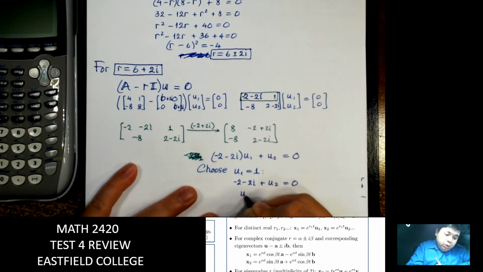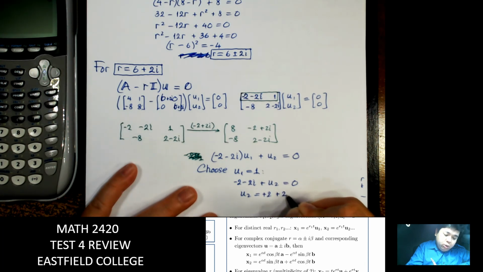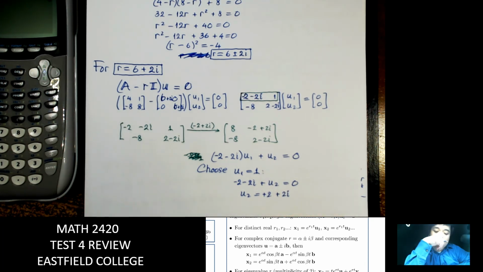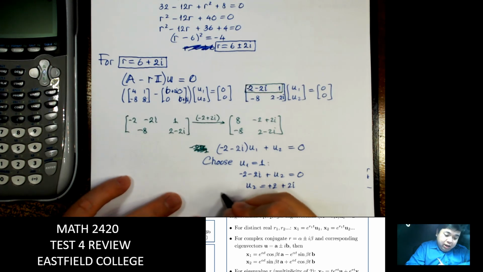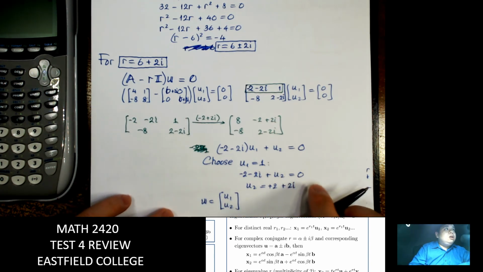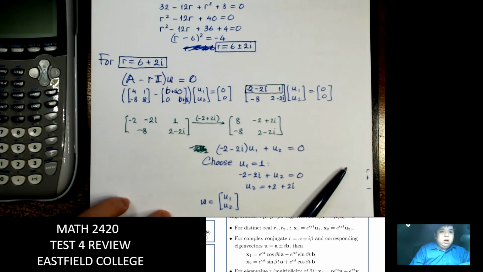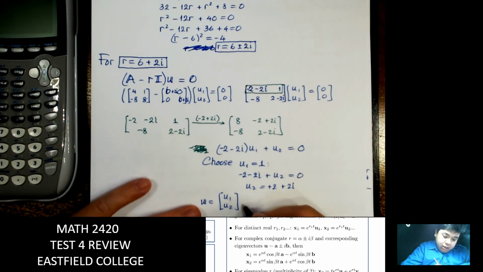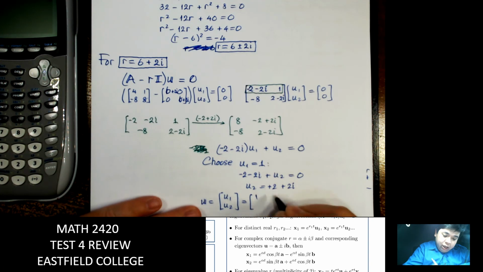So u2 equal to 2 plus 2i. Right, now the vector is u1 and u2. u1 is 1, u2 is 2 plus 2i.